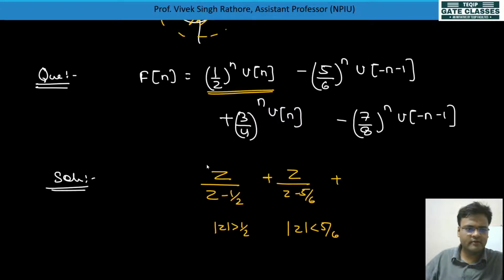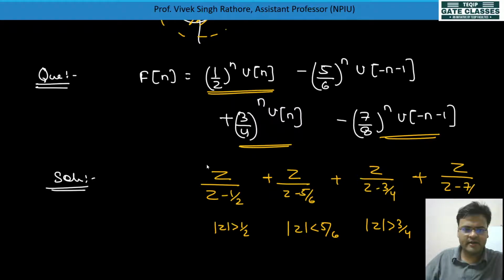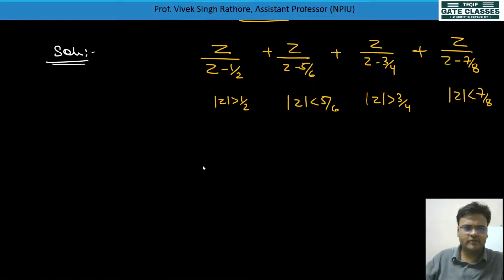Then this term is z by z minus 3 by 4, with mod z greater than 3 by 4, and this term represents z by z minus 7 by 8, with mod z less than 7 by 8. Okay, now you have the combination of many signals. This is F of z.